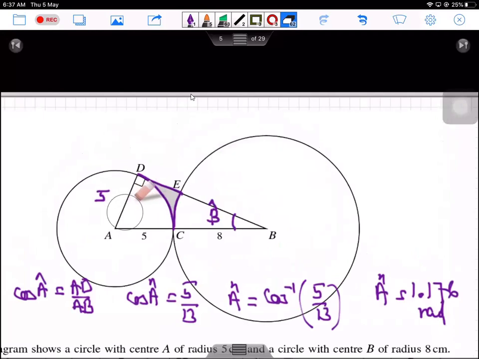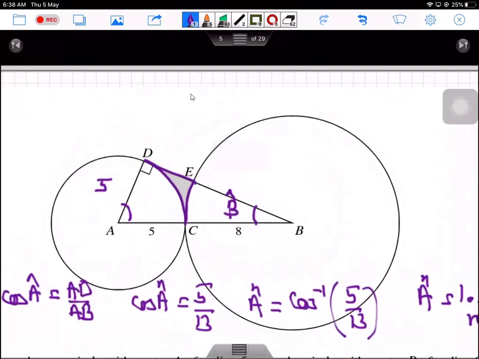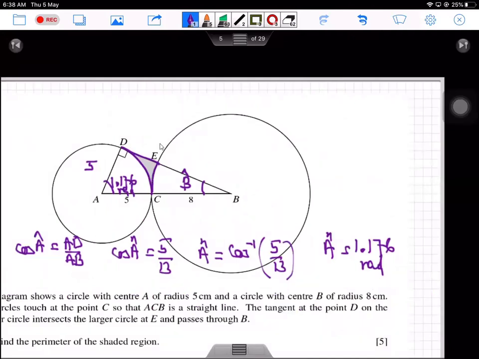Now, as we have done the working for angle A, we don't need to do the same working for angle B, because we know that the sum of all the angles in a right angle triangle is equal to 180 degrees. In this case, angle A plus angle D plus angle B is equal to pi radians, instead of 180 degrees.